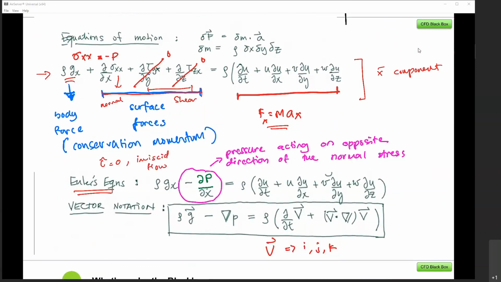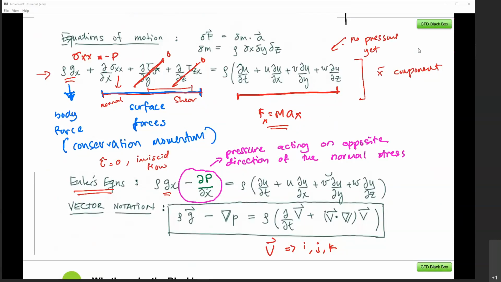There's no shearing. So when you cross out tau in our equations, you will be left with the Euler equations, which can be simplified as follows. You have the body force, rho gx, plus the dp/dx. Remember, this is the pressure acting in the opposite direction. This one, we did not include the pressure yet. But the full Navier-Stokes and Euler equations must include the pressure.